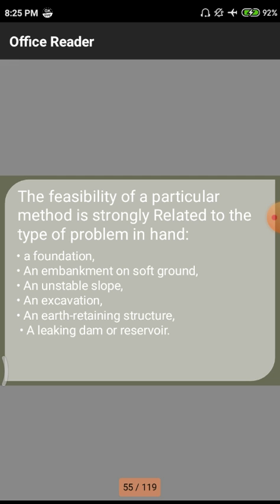Next, we have to maintain an unstable slope and an excavation, earth retaining structures, leaking dam or reservoir. All those are related to the construction of a dam project. Previously we discussed the construction of a building, but here we have dam construction.